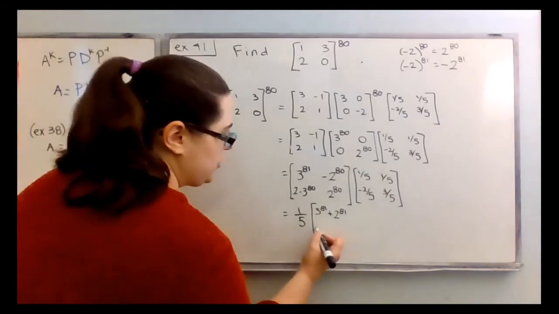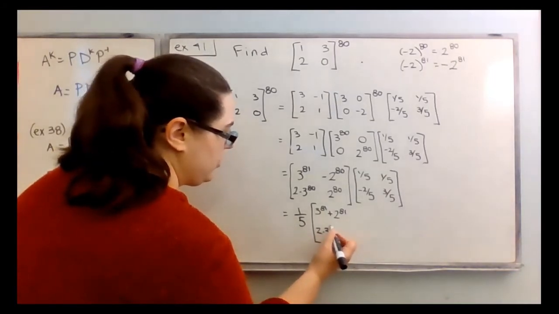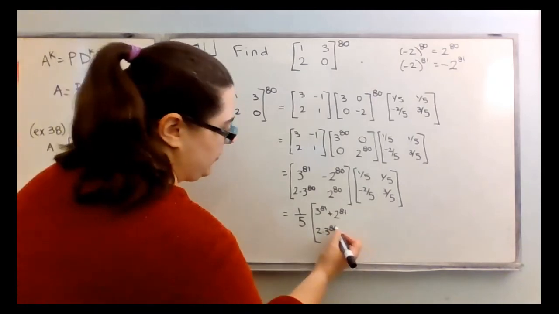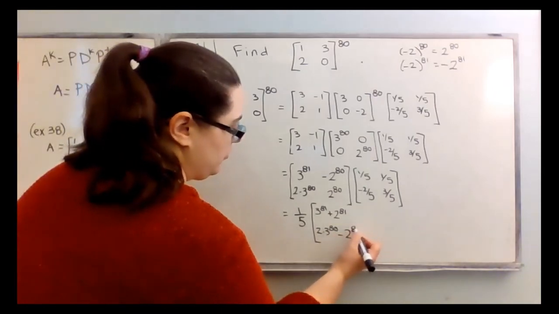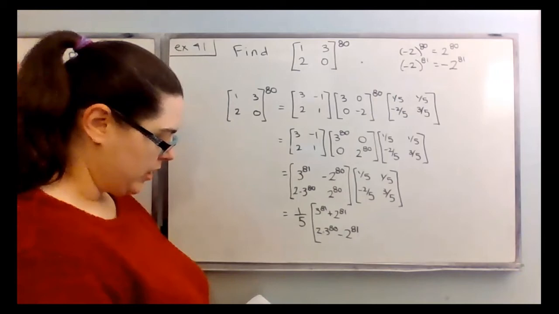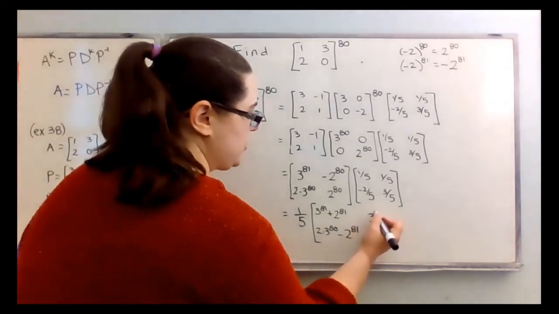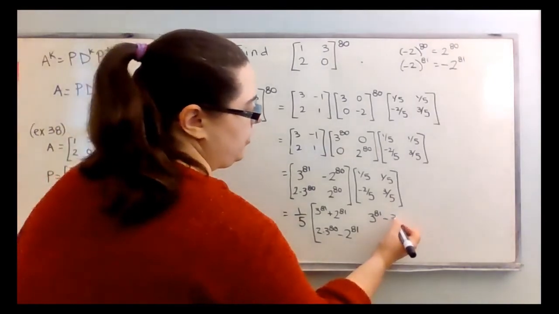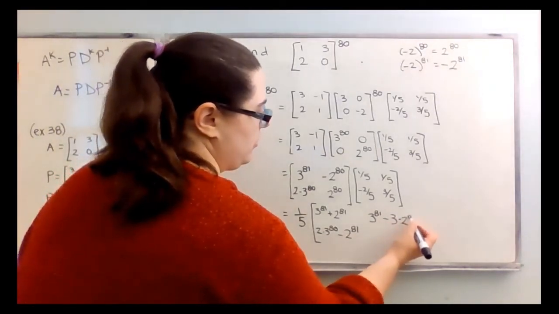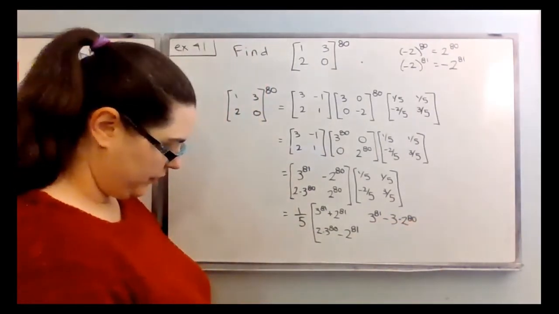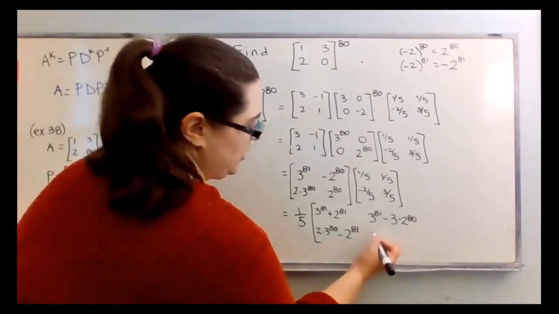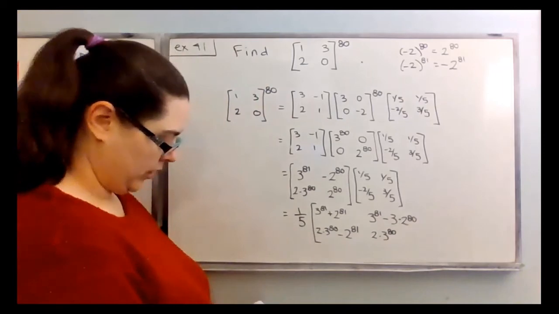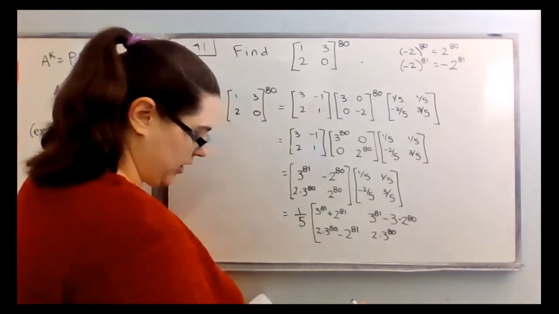Underneath that, I have 2 times 3 to the 80th, minus 2 to the 81st. Then I have 3 to the 81st, minus 3 times 2 to the 80th. And then I finished up with 2 times 3 to the 80th, plus 3 times 2 to the 80th.